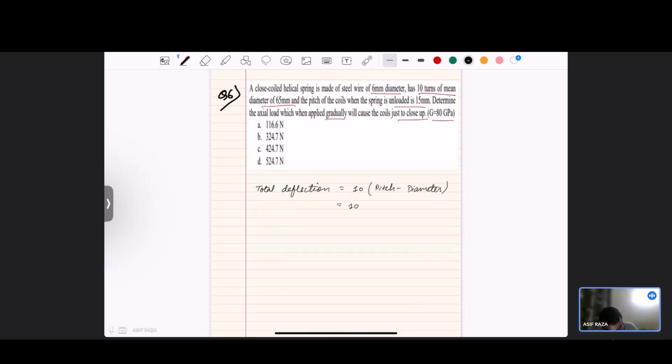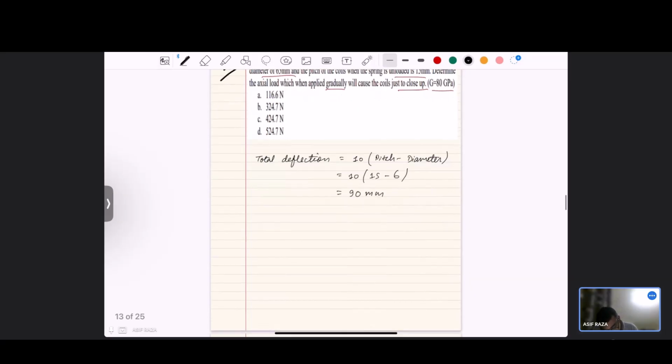So this would be 10. Pitch is 15. This is d, which is given as 6. Yeah. So this is 90 mm. This is the total deflection, right?